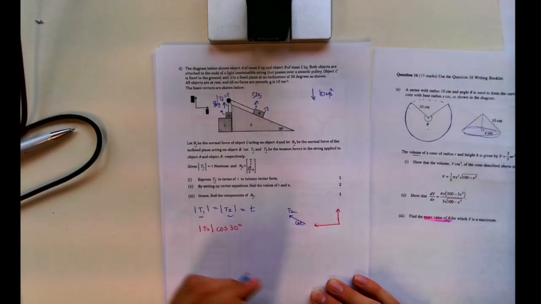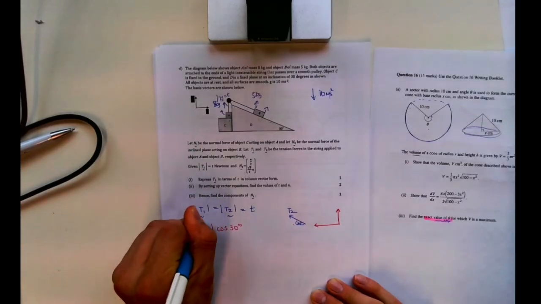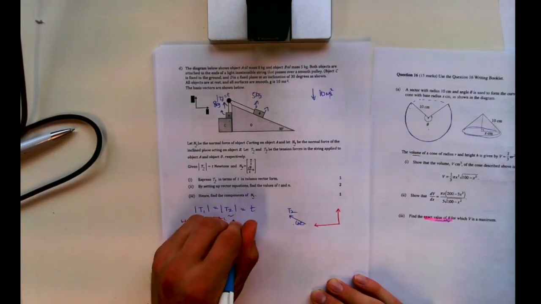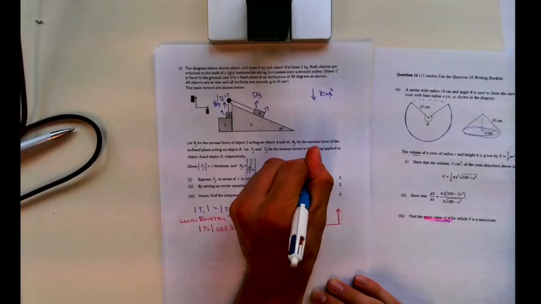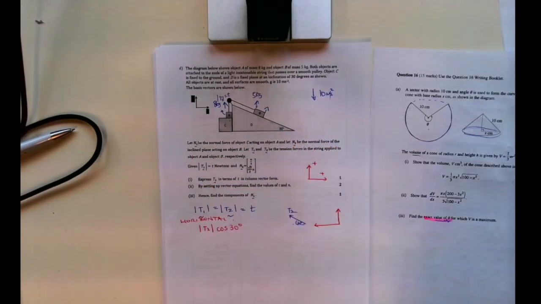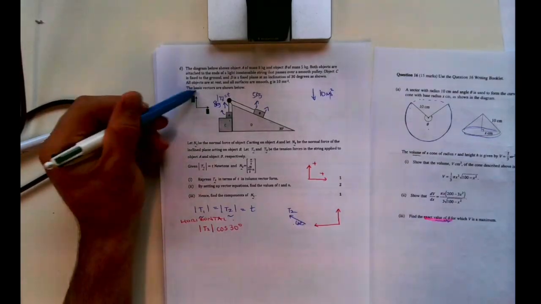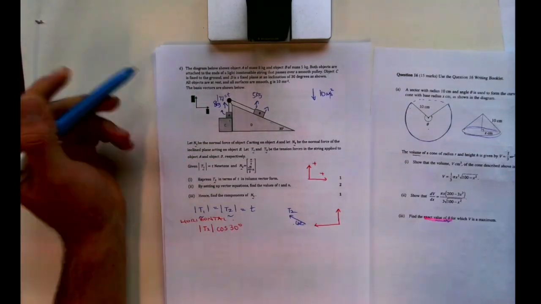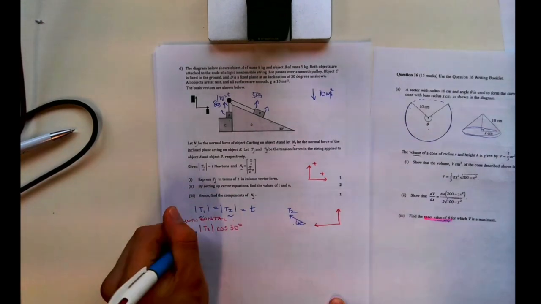So this is how we break it down horizontally. And we're going to define that upwards is considered positive and rightwards is considered positive. And also, notice that that's defined here as well. So because this is acting in the left direction, this is going to be negative.